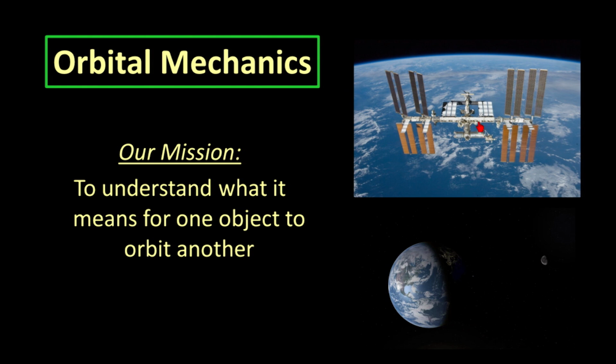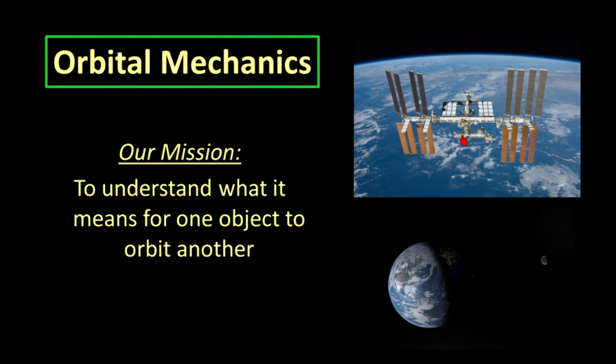But believe it or not, the same physics that describes how the International Space Station orbits the Earth is the physics that also describes how the Moon orbits around the Earth as well. So when we talk about orbiting bodies, it's really no different if it's a natural body orbiting around another body or a man-made object. The physics is exactly the same.